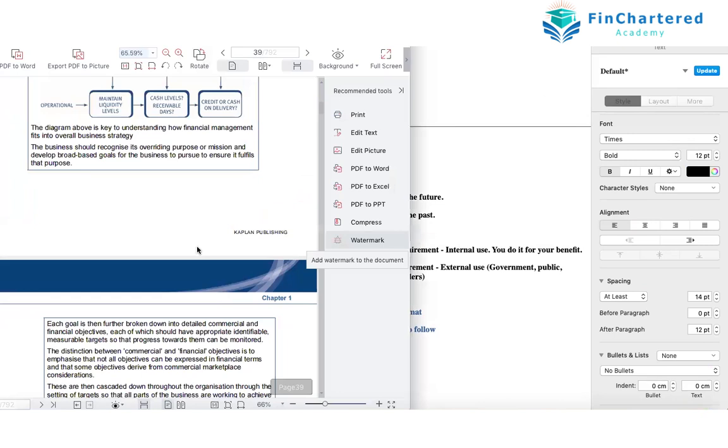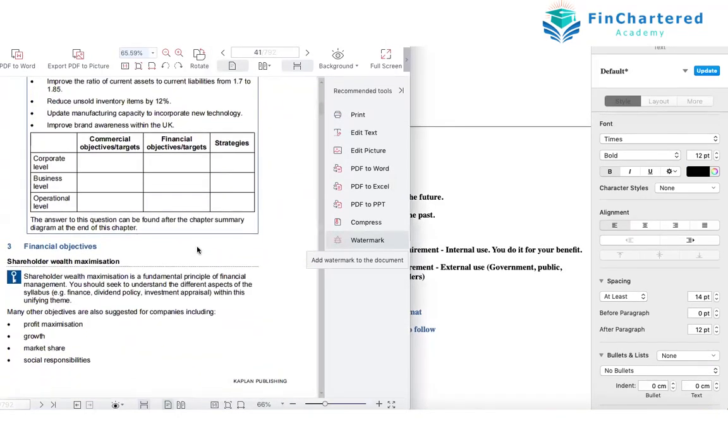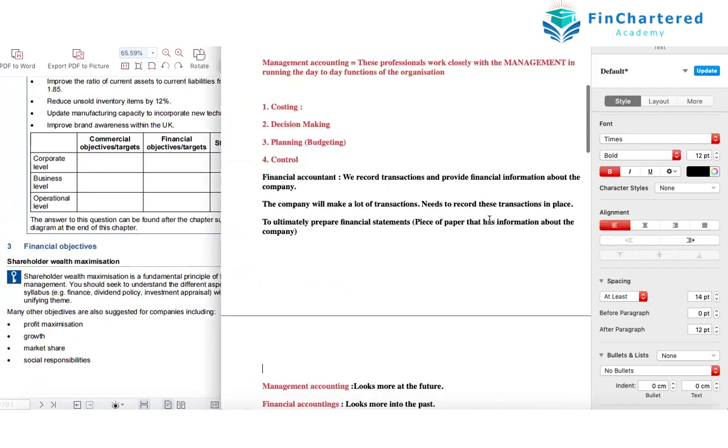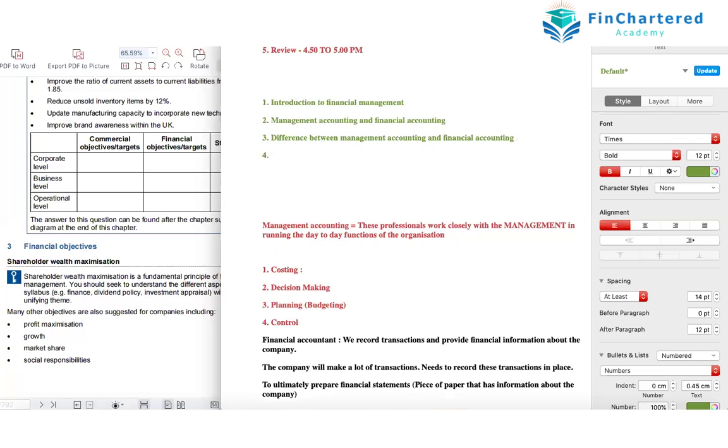Now, what we're going to do is again come back to these things. But the most important thing that we need to understand before we look at anything in FM is we're managing finance, correct? But we are managing finance with some objective.